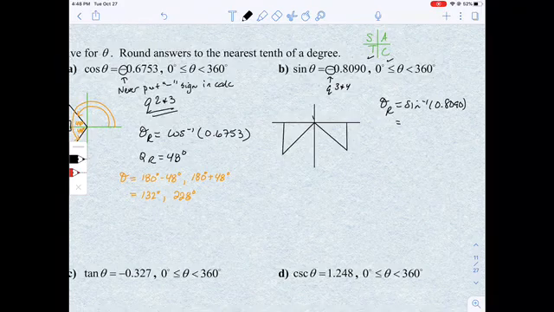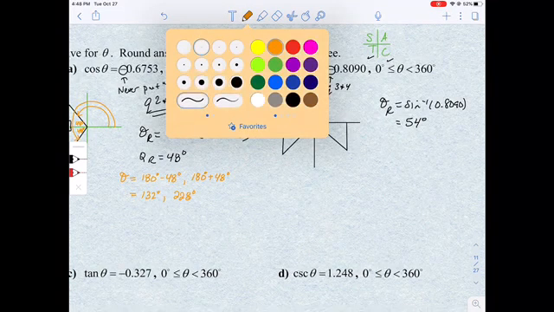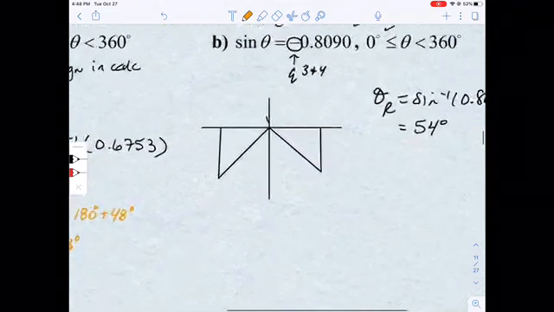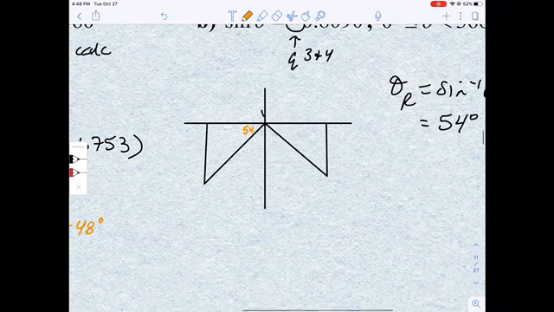And the inverse sine of 0.8090, that reference angle is, and I would encourage you to try this along with your calculator, 54 degrees, 53.99, so 54 degrees. So that means, again, that this little angle here is 54 degrees, and this little angle here is 54 degrees.